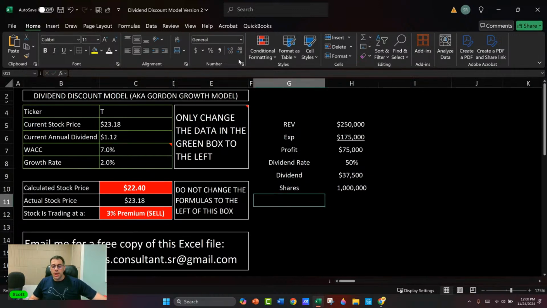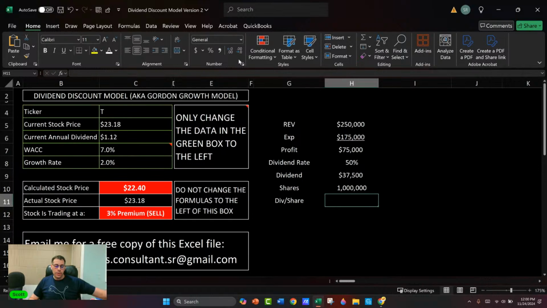And let's say there's 1 million shares outstanding. So this is the nuance I was talking about. I'll do it in the second version of the discounted dividend discount model.